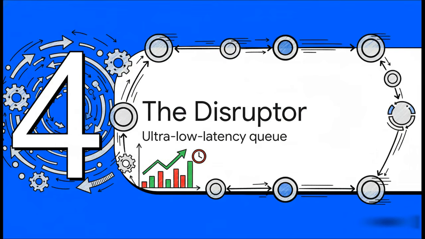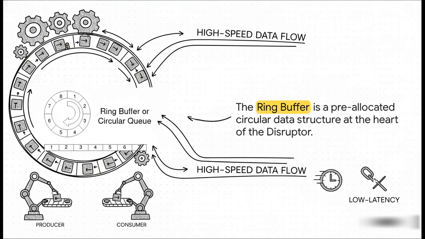But it's not just about optimizing one algorithm, is it? Entire systems have to be built for speed from the ground up. And this leads to some incredibly advanced designs, like a pattern called the LMAX Disruptor, which was born in the world of financial exchanges. At its heart is something called a ring buffer. Just picture a pre-allocated circular conveyor belt.